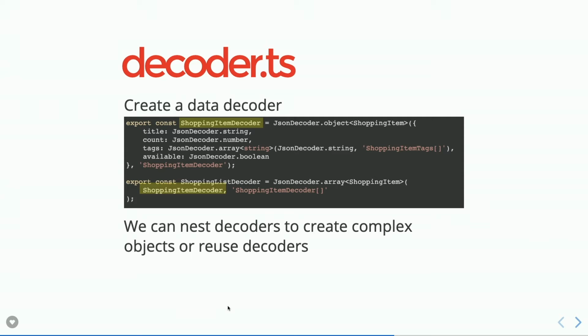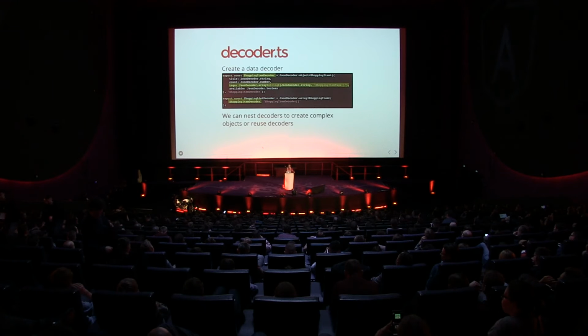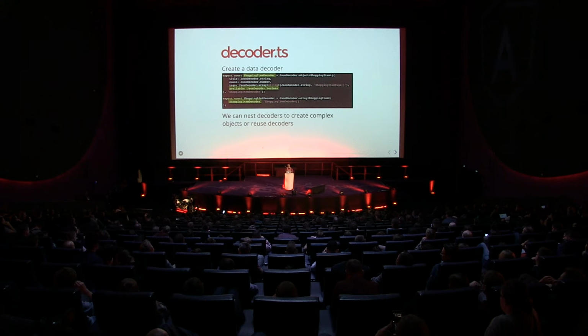And then inside the shopping item decoder, we are going to say title is a decoder of a string. It's going to be number. This is going to be an array, which is the list of strings, and also boolean. You can make really complex structures with the decoders.